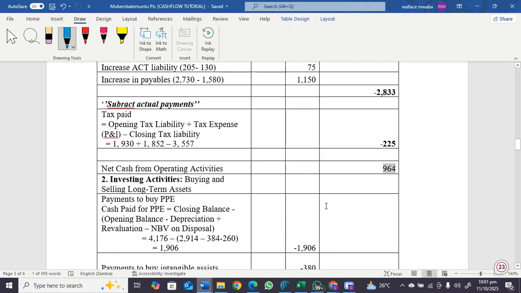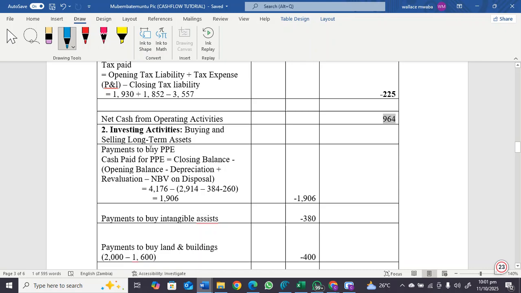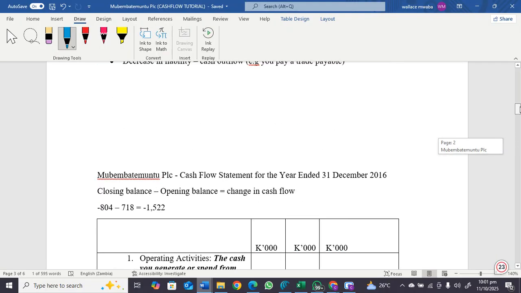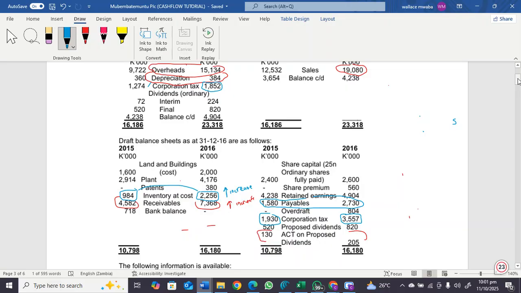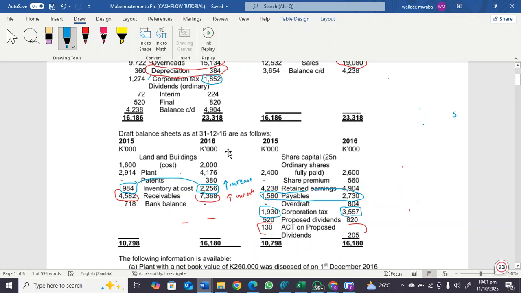All right. So, first thing, we need to find out how much has been paid for our plant, property, and equipment. Why am I saying this? Because if you go on the balance sheet here, as you can see, plant, the figures increased 2,914 to 4,176. Now, before you subtract to say that we bought plant for this much, there are certain factors you need to look for first.